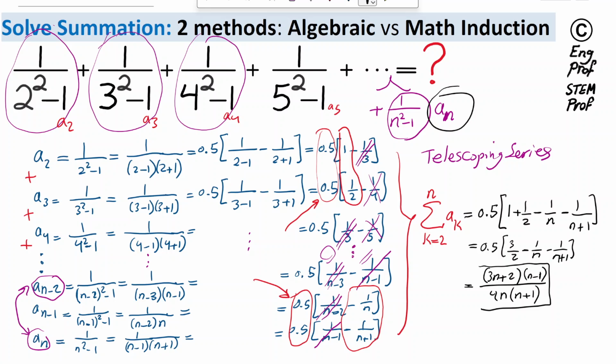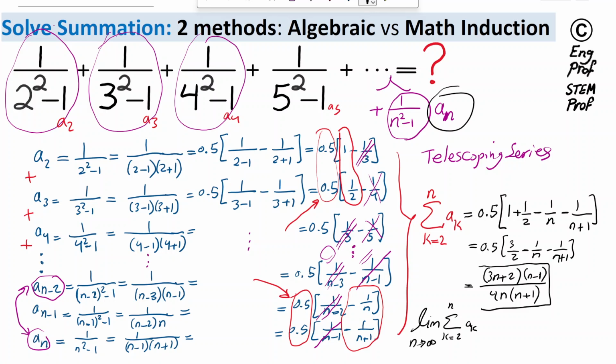Obviously, when we want to find the infinite version, as the original question is asking, we can just take the limit of this summation when n goes to infinity.